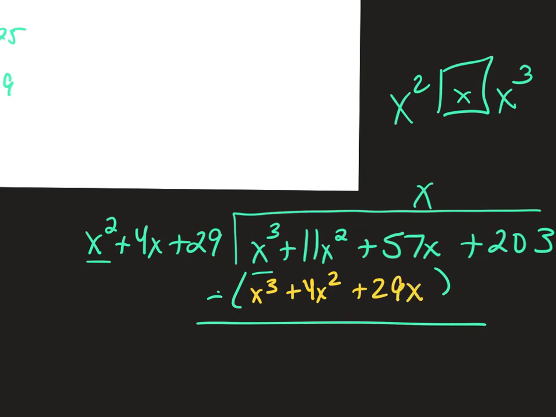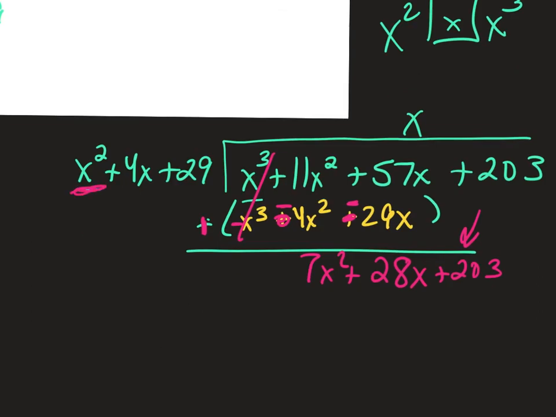Now, before we can multiply, we have to subtract, change. So 57 minus 29x is 28x. 11 minus 4 is 7x squared, and my x cubes cancel out, and now I'm going to bring down my plus 203.